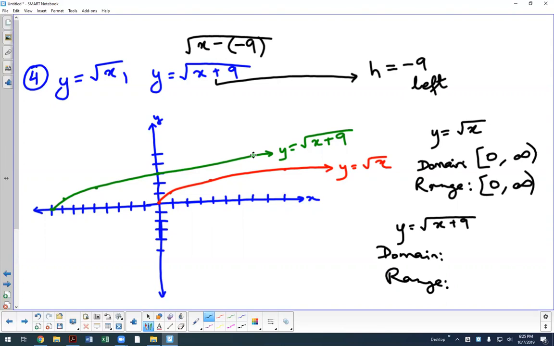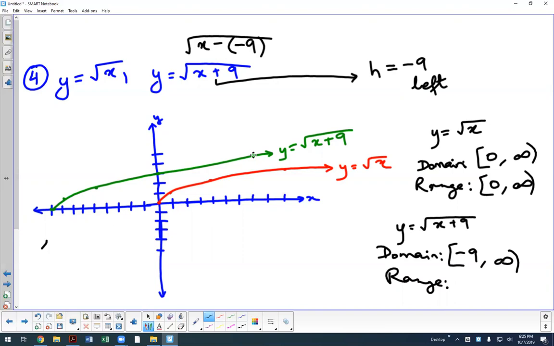Okay, that's the base function. Now, did anything change when my graph moved to the left? Yes. What changed? The domain. Okay, and what is it going to be? -9 to infinity. Yeah, so just like we were looking at the table, we had to start at -9. So you will notice my domain is going from -9 to positive infinity, and again, including -9.